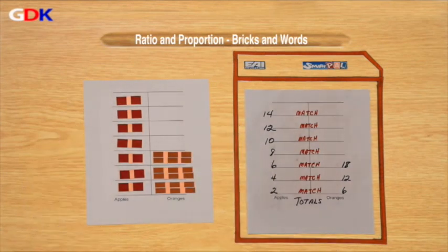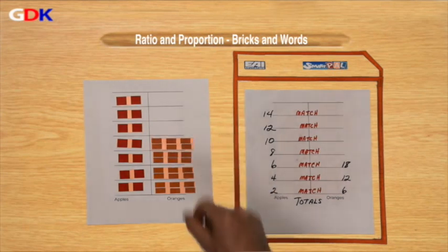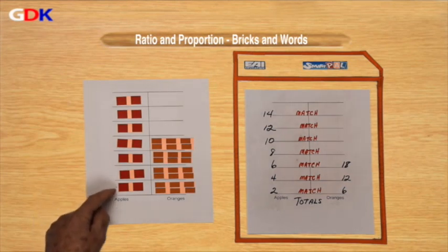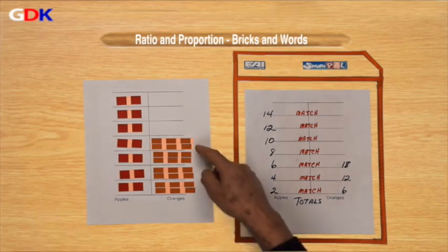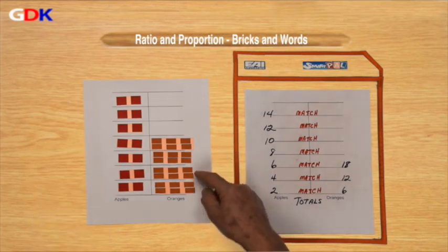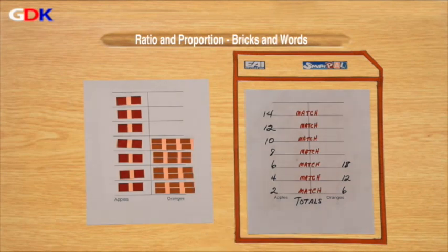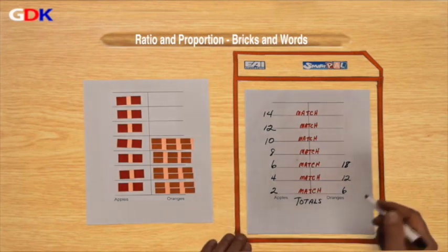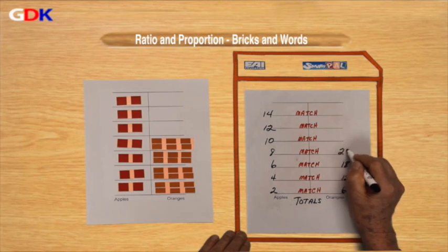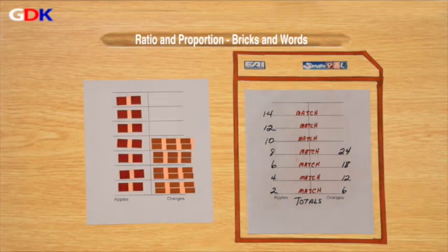So let's start adding sets of 6 oranges. I add one set of 6 oranges. I have 8 apples here, and I will have 6, 12, 18, 24 oranges. So 8 apples matches 24 oranges. I match up another set of apples and oranges.